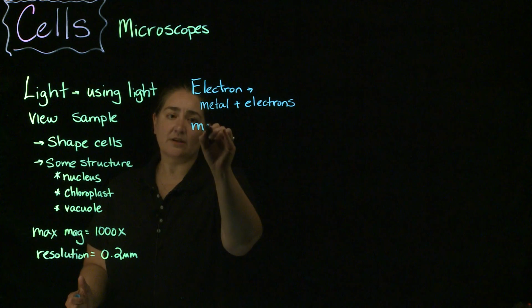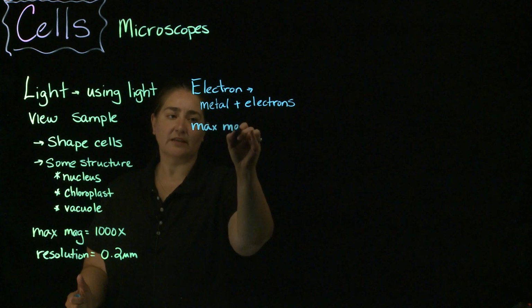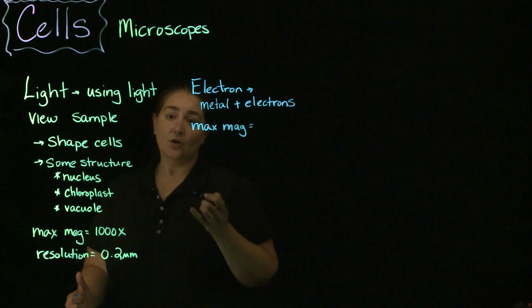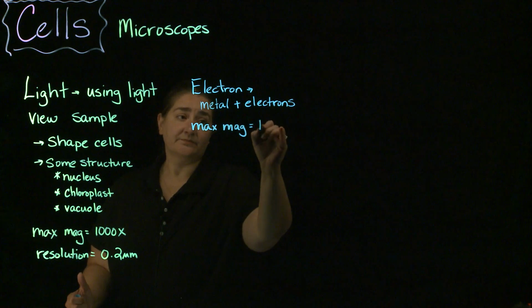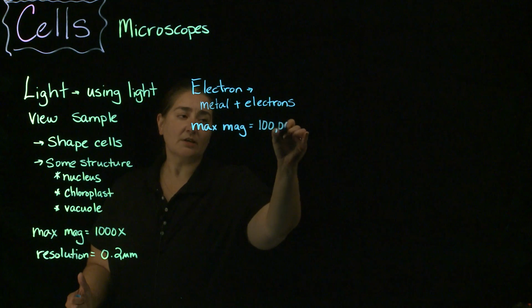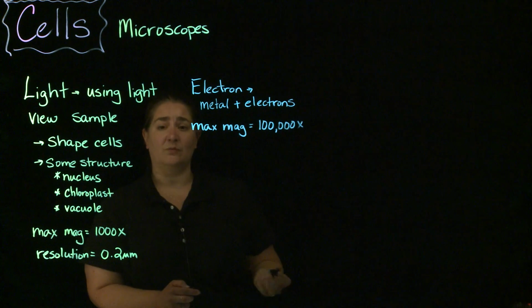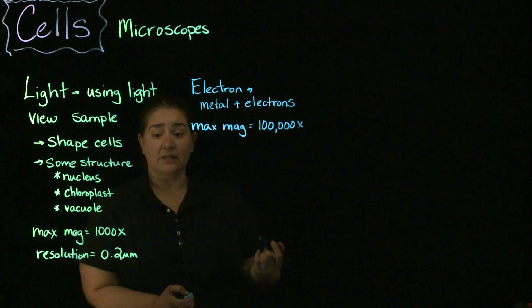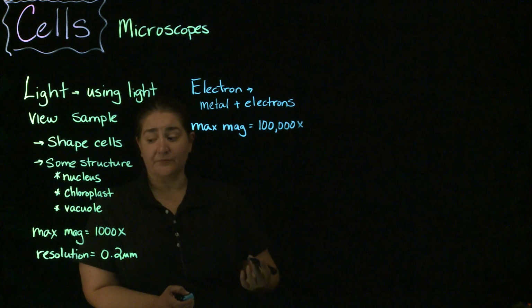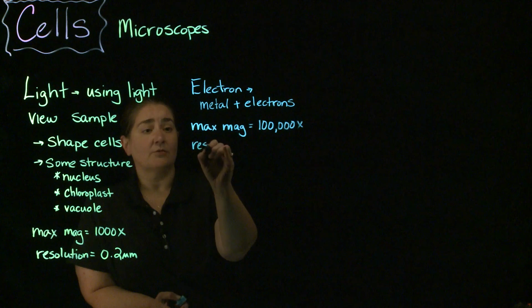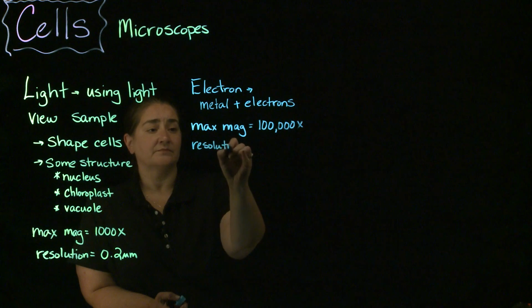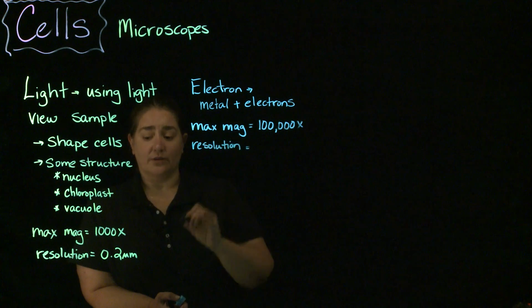And in terms of our max magnification, it's a lot greater. So we're talking about being able to visualize things 100,000 times larger than they are in real life. Okay? And our resolution is also greater.